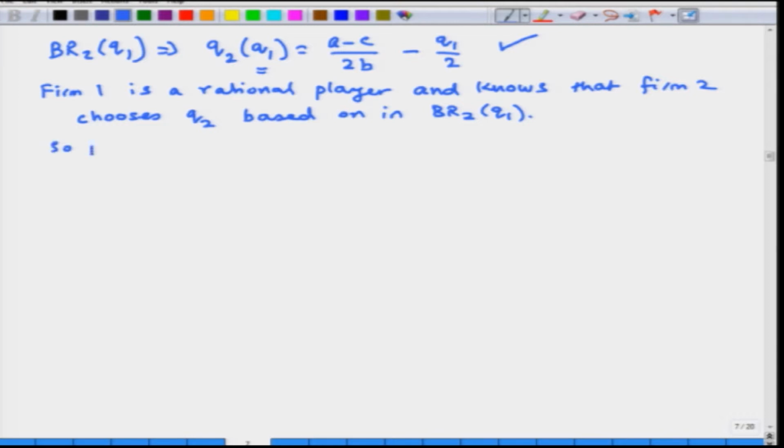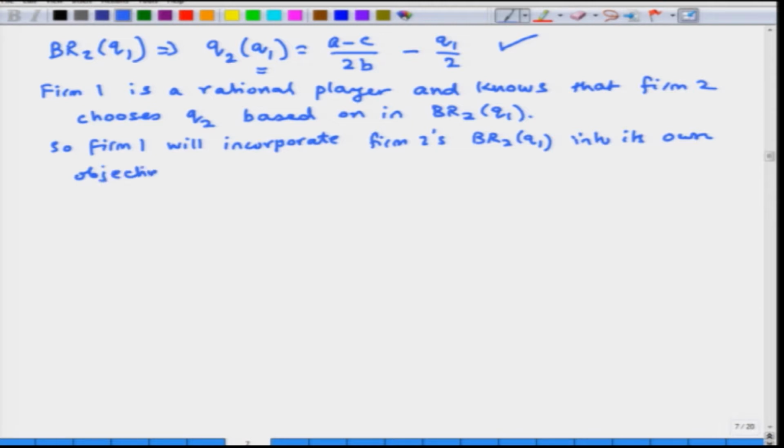So, firm 1 will incorporate firm 2's best response function into its own objective function to solve for the optimal Q1.